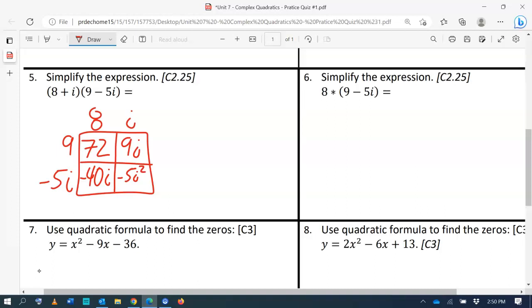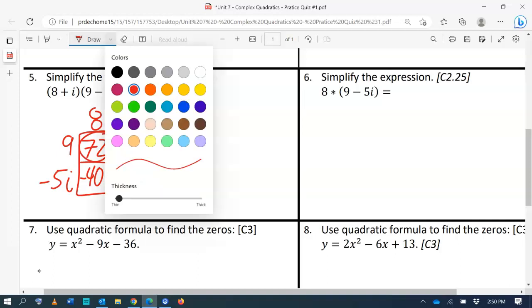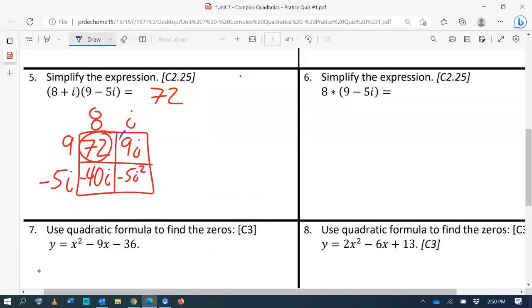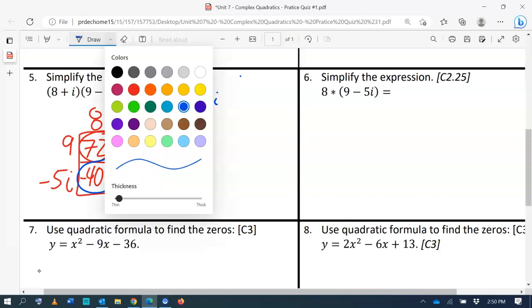So let's write it out. We have 72 for there. And then we're going to add our like terms. This is 9i and minus 40i, which gives us negative 31i. And finally, negative 5i squared.